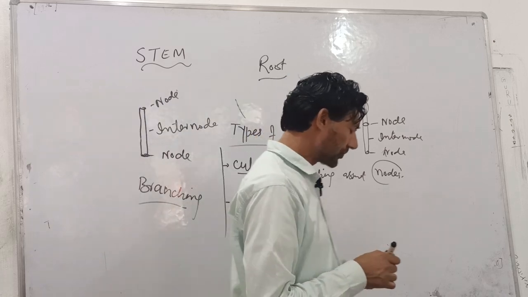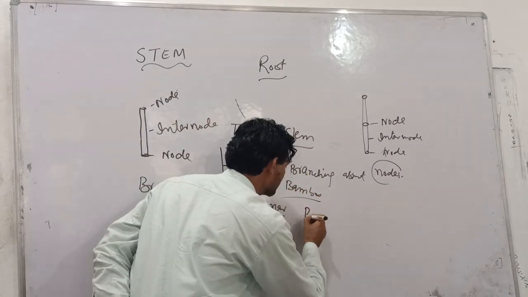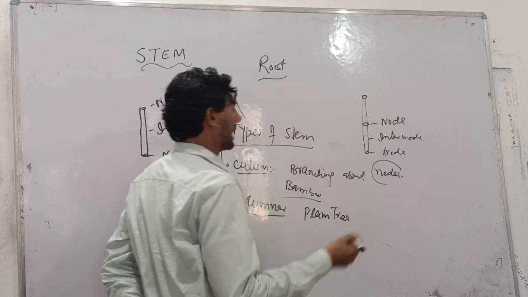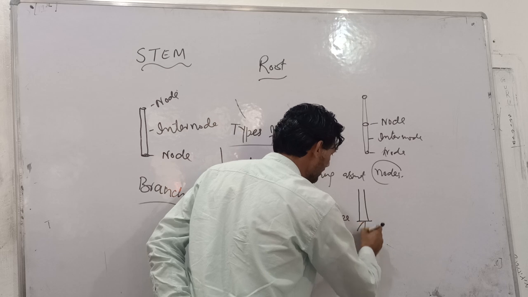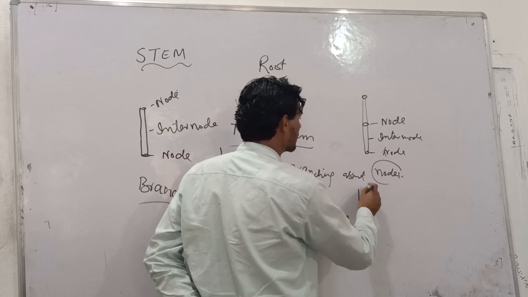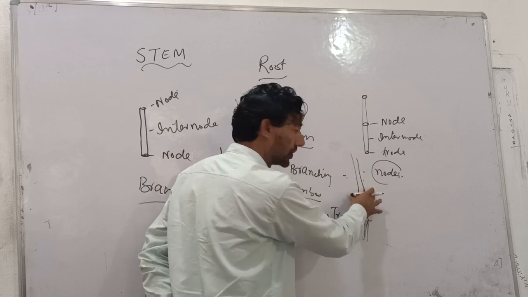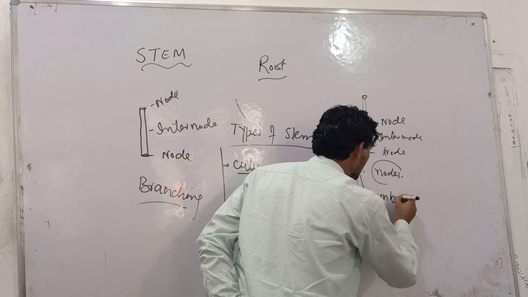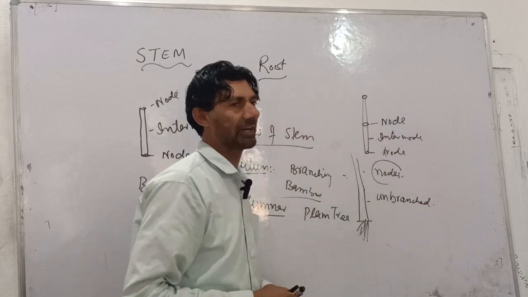The second type is called columnar. Take the palm tree as an example. In a palm tree, the main trunk is unbranched; the branching pattern is absent.